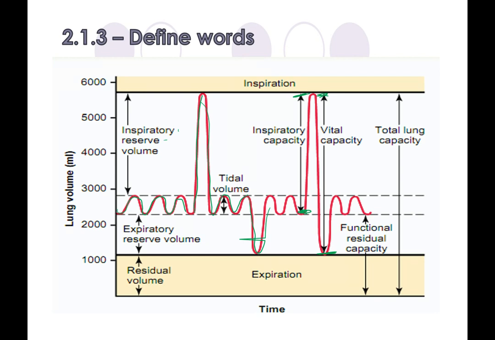That's the total, that's going to be your biggest number, okay? This thing down here, the functional residual capacity, we're not really going to talk about that much, okay? But that is from the bottom of your tidal volume. And then our total lung capacity is basically all the way from top to bottom.